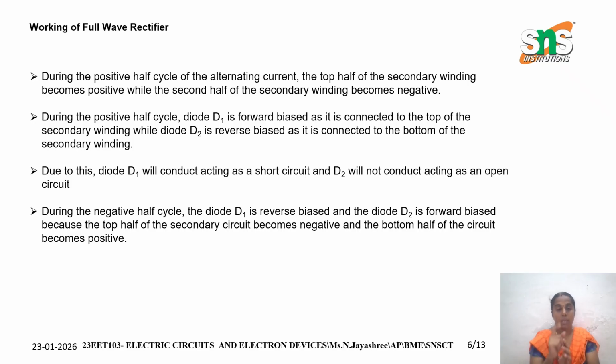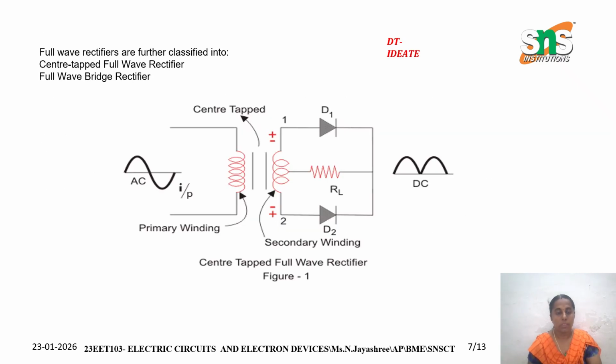Due to this, diode D1 will conduct, acting as a short circuit, and D2 will not conduct, acting as an open circuit. During the negative half cycle, diode D1 is reverse biased and diode D2 is forward biased, because the top half of the secondary winding becomes negative and the bottom half becomes positive. Full wave rectifiers are further classified into the center tapped full wave rectifier and the full wave bridge rectifier.